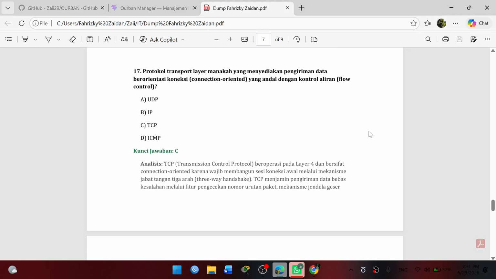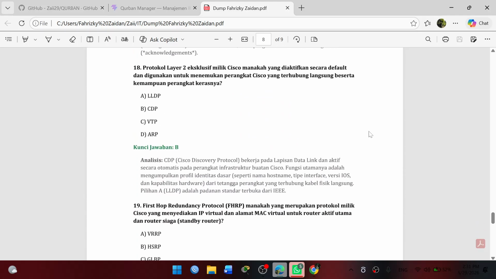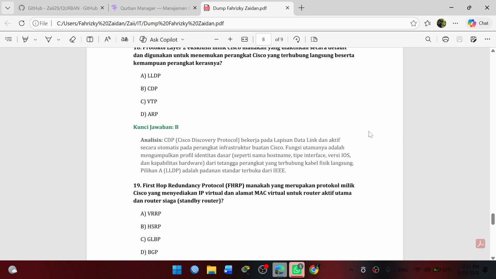In 18, which Cisco proprietary layer 2 protocol is enabled by default and used to discover directly connected Cisco devices and their hardware capabilities? And for this question, the answer is B, CDP, which stands for Cisco Discovery Protocol.